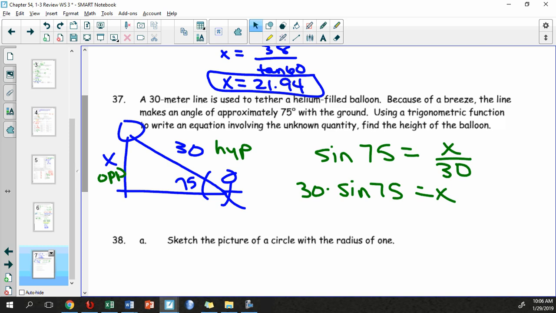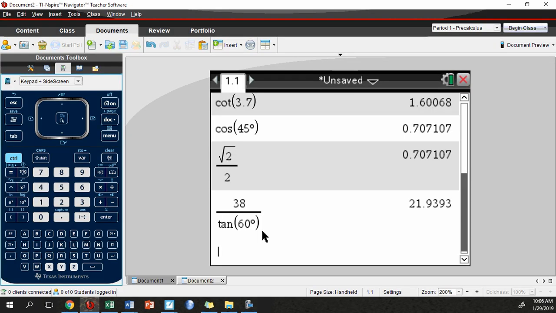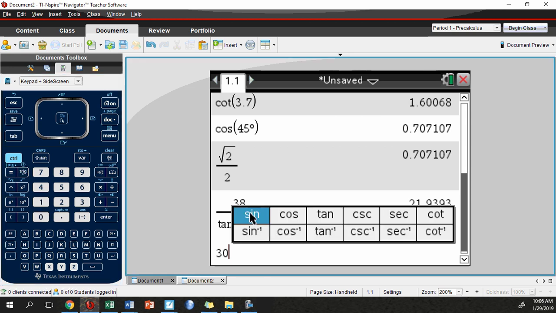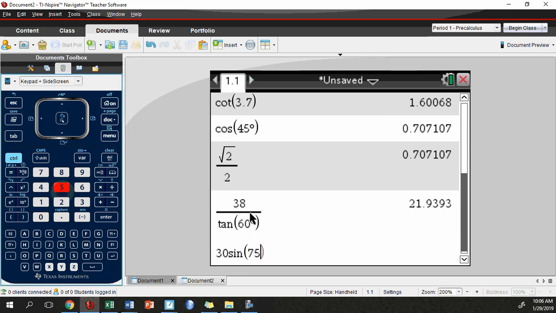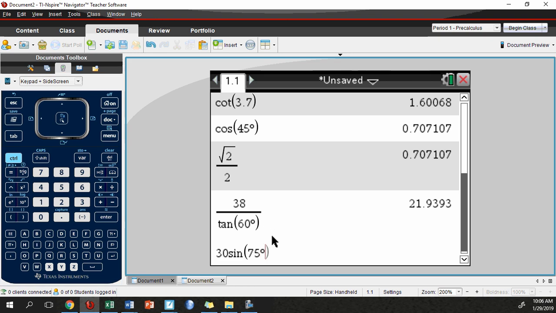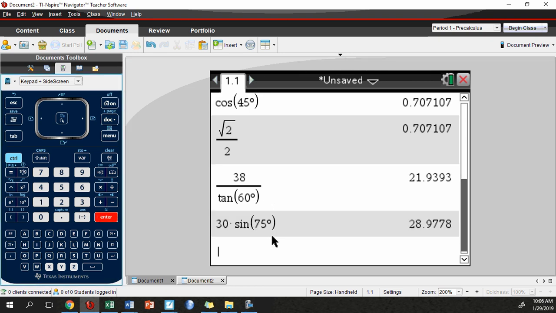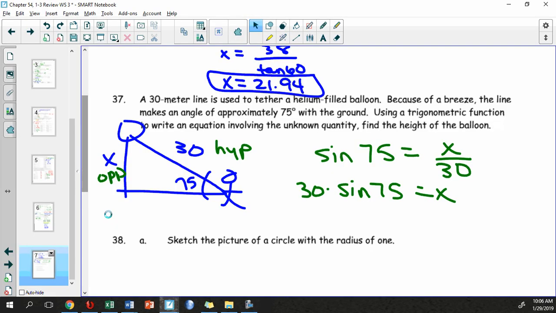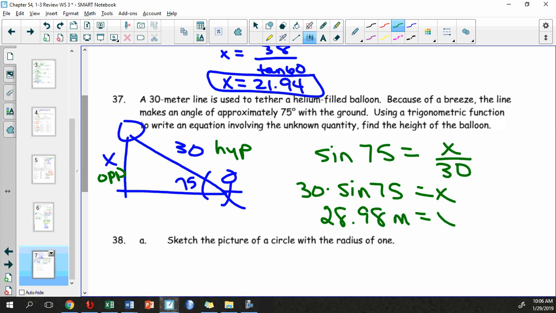So if you come over here and you type that in, 30 times the sine of 75 degrees, and hit enter. So the height of the balloon is 28.98 meters. Do we see that? Yes? Okay.